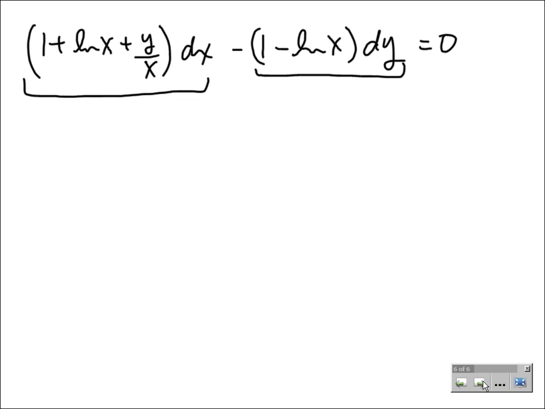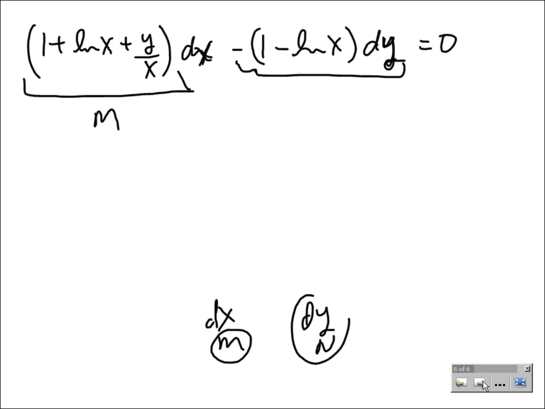Now, I don't stress over whether I have dx first and dy. I just remember x is before y, just like m is before n. So the dx, we call what's in front of the dx m, and we call what's in front of the dy n, including the signs.